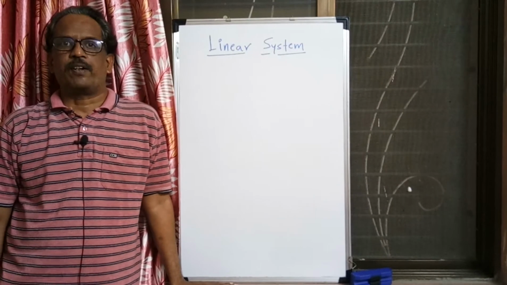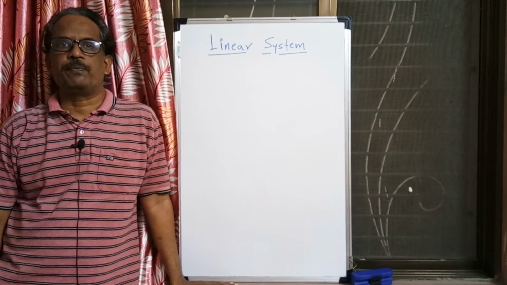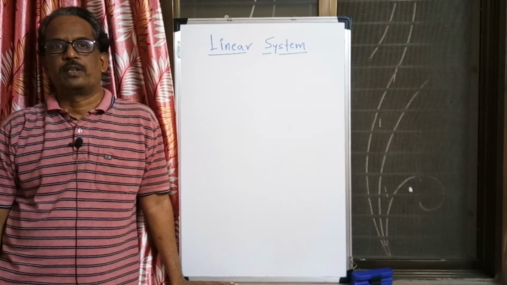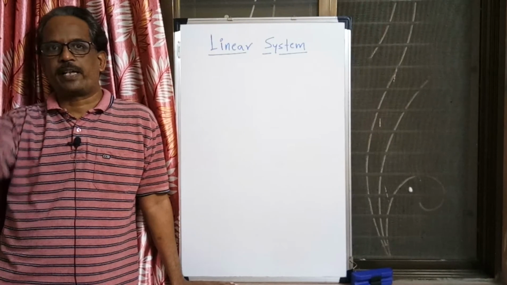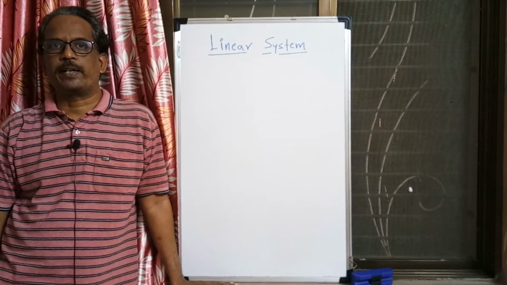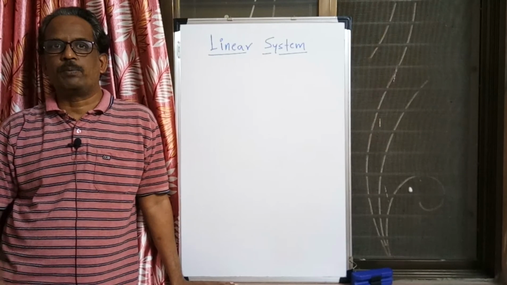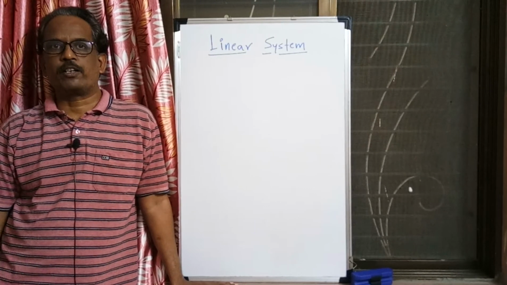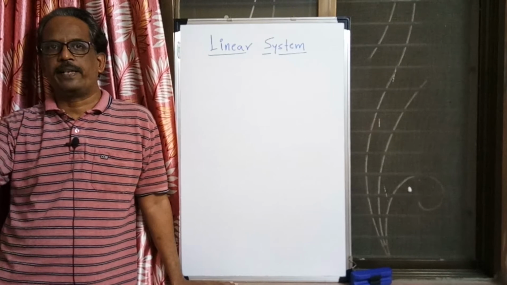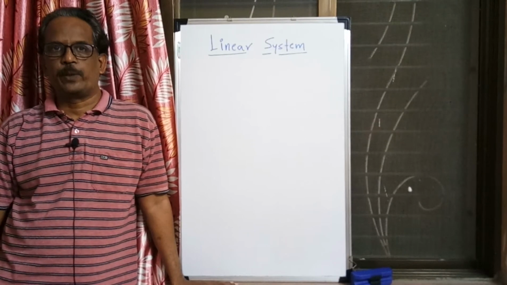So in other words, if we have a system, we apply one input and record the output corresponding to that input. Now remove that input, apply another input, and record the output for that new input.